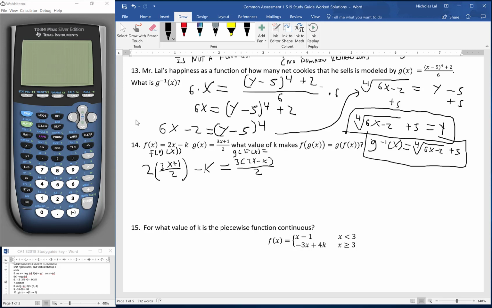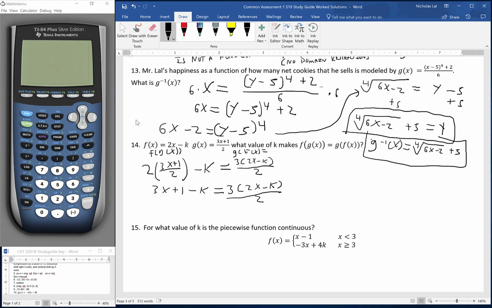First of all, I see that these 2's cancel out, times 2 divided by 2. This becomes 3x plus 1 minus k is equal to 3 times 2x minus k all over 2.